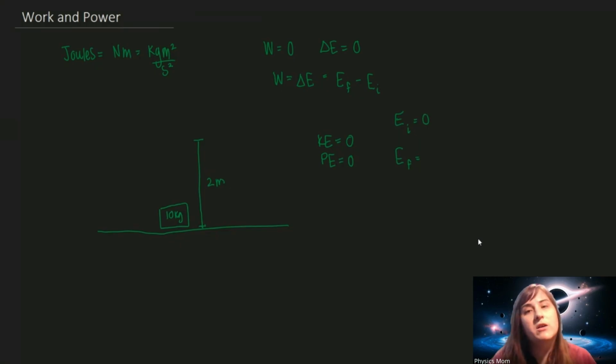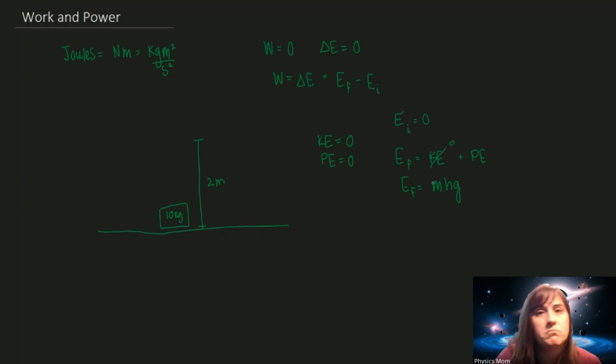So we can actually calculate this. Once it's at the 2 meters, it stops moving. It doesn't have any kinetic energy. That's going to be 0. But it is going to have gravitational potential energy. The final energy is going to be exactly related to its mass, the height to which it has been lifted, and the gravitational acceleration of Earth.